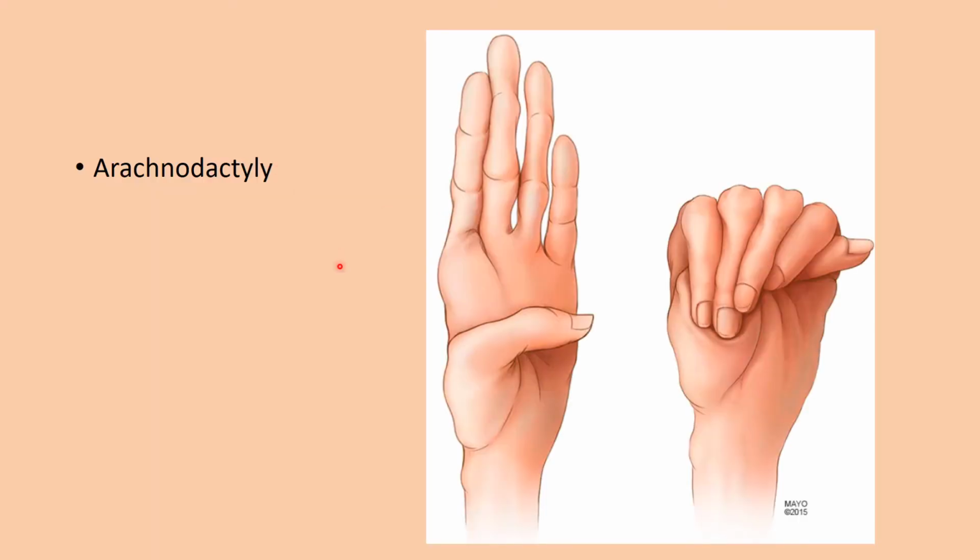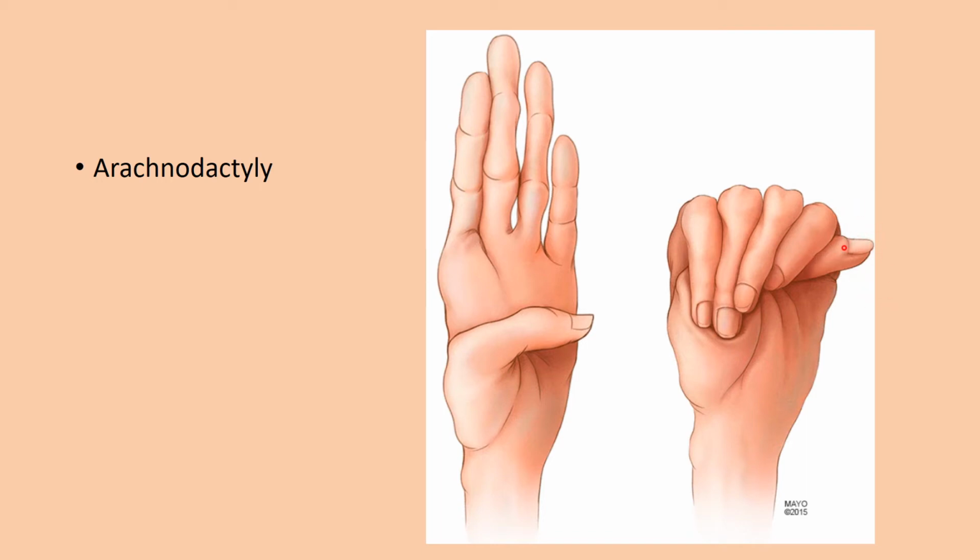Normally, when the thumb is placed under the little finger and made into a fist, the thumb does not exceed the little finger. But in a Marfan's patient, the thumb exceeds the border of the little finger, thus giving arachnodactyly.